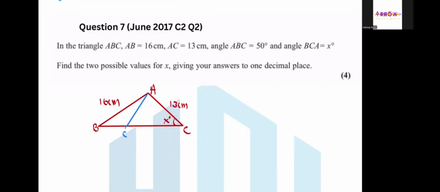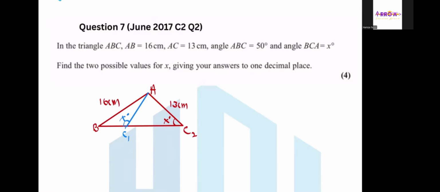And in this case, I'm going to say that angle BCA is actually obtuse. So I can say that the first one is C1 and the second one is C2. That's fine.